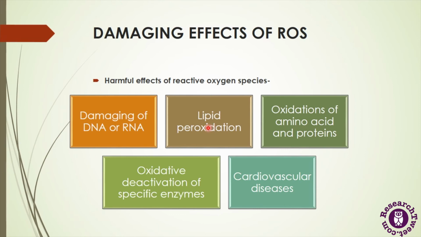They can damage our DNA or RNA by making bonds with these biomolecules, and they can cause lipid peroxidation, also oxidation of amino acids and proteins, and they can cause the oxidative deactivation of specific enzymes which are essential for cellular activities. ROS can cause different types of cardiovascular diseases, and several neurodegenerative diseases like Alzheimer's disease and many other diseases.